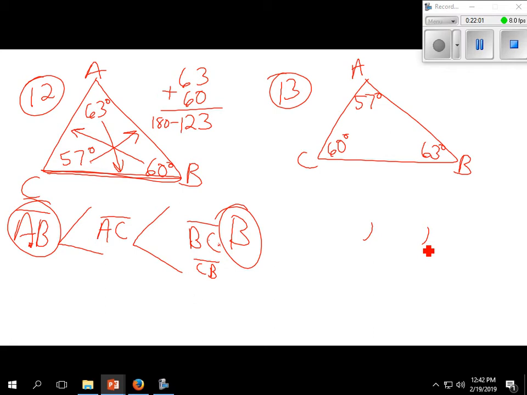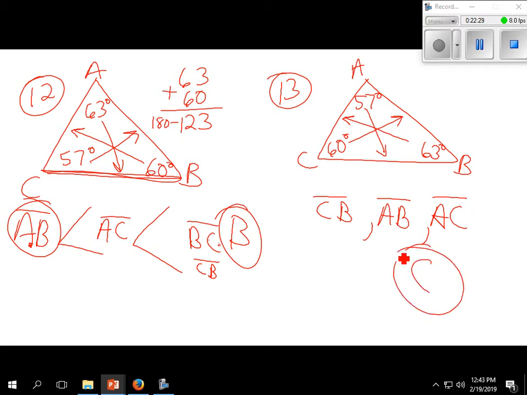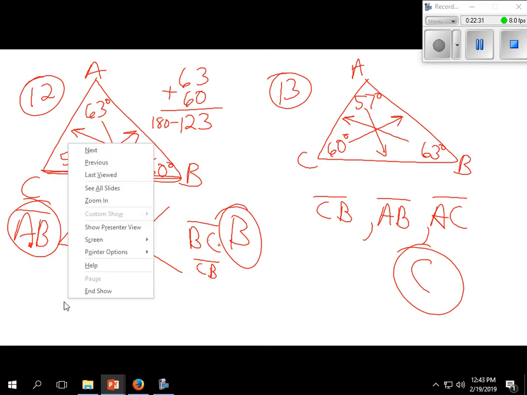The shortest one has to be across from the smallest angle, so that's got to be segment CB. The next shortest one is across from the 60 degree angle, so that would be segment AB. And then the longest one's across from the 63 degree angle, so that'd be AC. Segment CB, segment AB, segment AC. That looks like letter C on the packet.